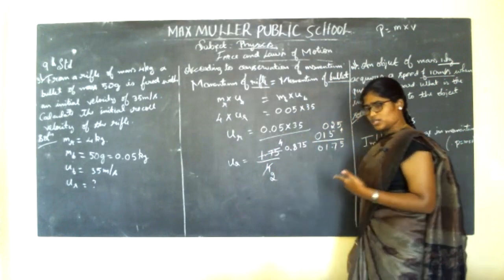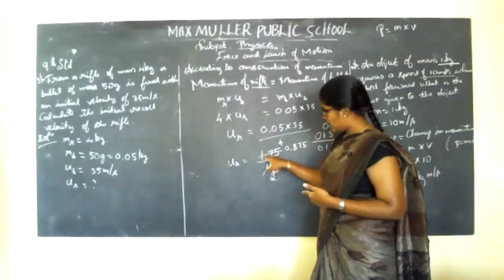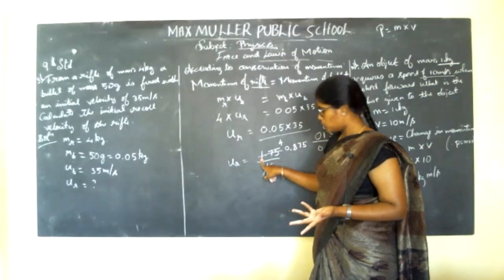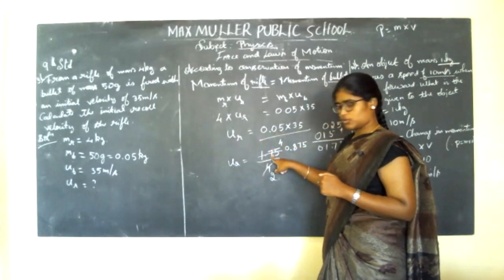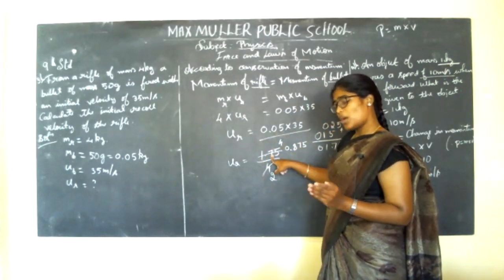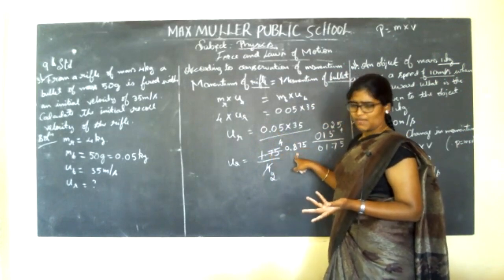Clear? Understood? Do you want me to repeat it again? See, 2 ones are 2, 2 twos are 4. Then you have 1. 1 won't go in 2. So I put 0. If I put a point, this 1 will come towards the 7. So 1, 7 is there. 1, 7 will be 17. 2 how much is 17? 17 will not go.